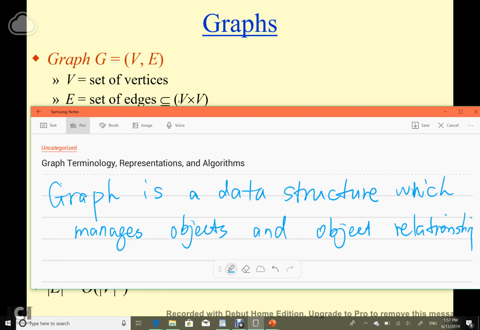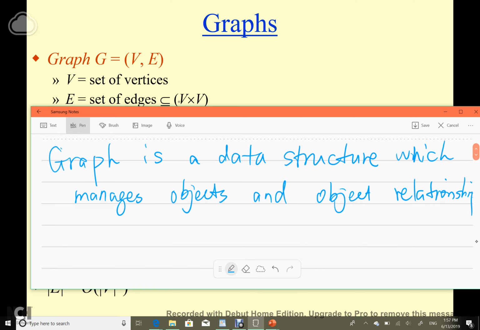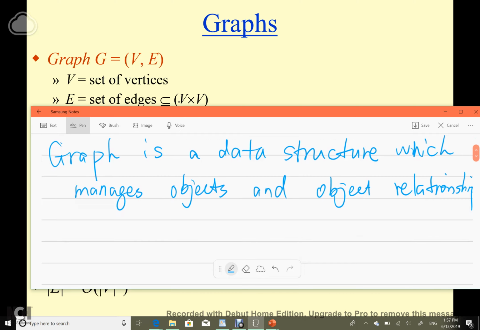Right? For example, I give you an example. In real life, we have different characters, right?